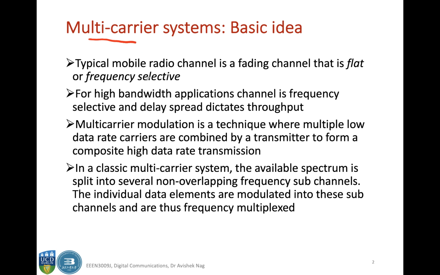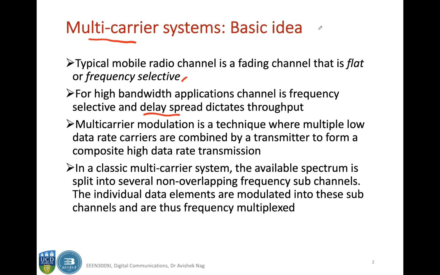Typically you have come across the concept of flat and frequency selective fading for a radio channel. In your wireless communication module you have come across this. For high bandwidth applications, the channel is frequency selective and the delay spread dictates the throughput.